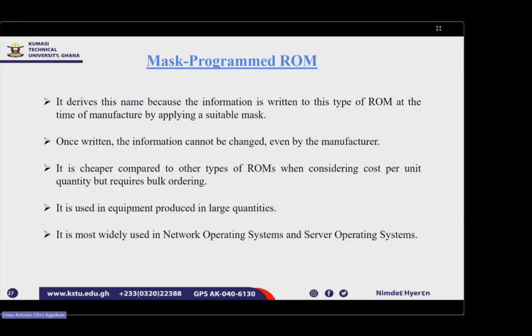Now, let's look at an example of the ROM, which is the mask programmed ROM. It is termed the mask programmed ROM because during the time of manufacture, this type of ROM has a mask. And so once information is written, it cannot be changed, even by the manufacturer.